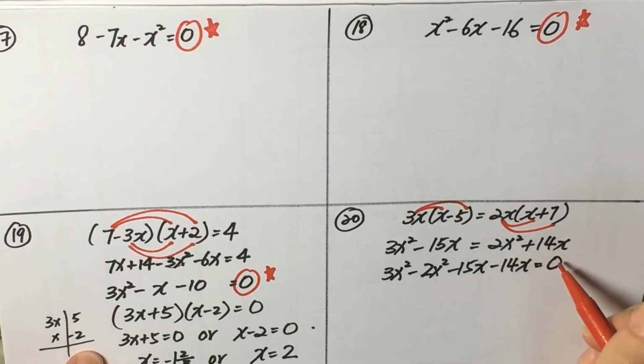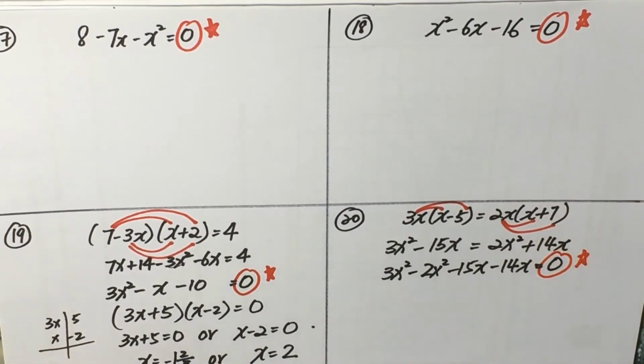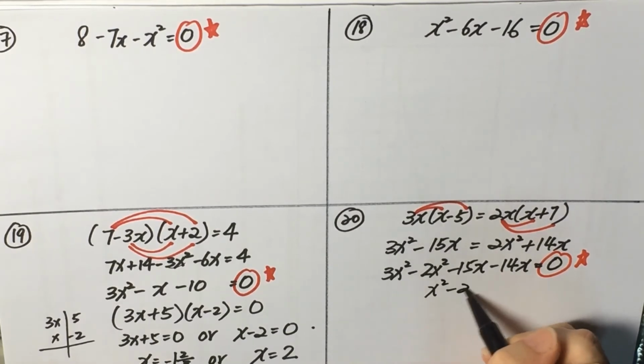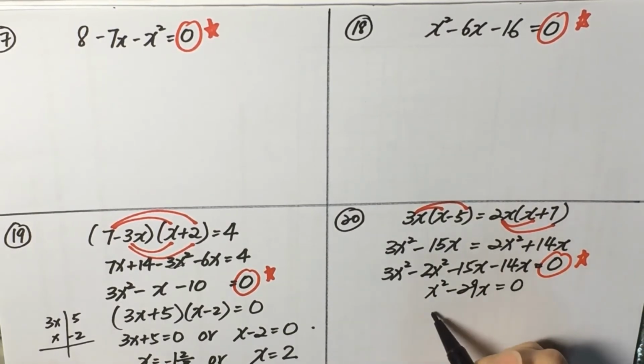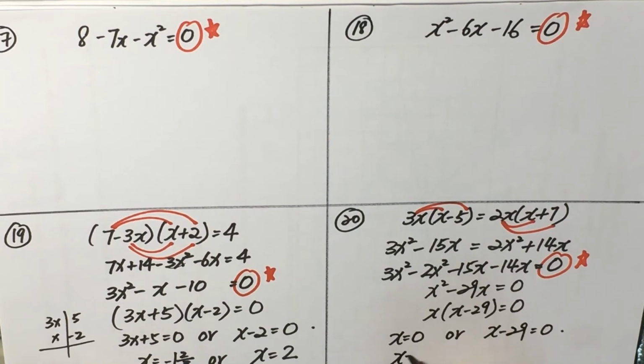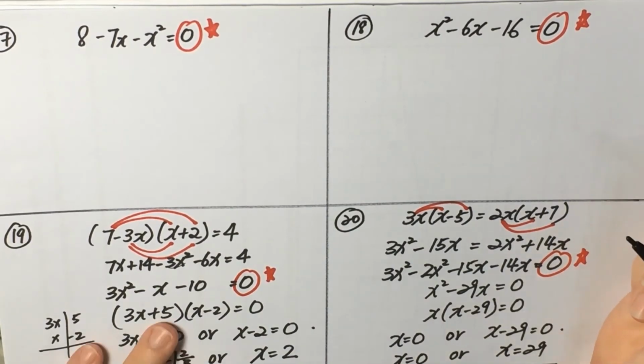See, I got one side equal to 0 already, so I can use the zero factor law now. So x squared minus 29x equals 0. The common factor is x, so I take the x out. So I have x times x minus 29 equals 0. So by the zero factor law, when the product of these two equals 0, that means one of them must equal 0. So x equals 0 or x equals 29. So this is the answer for question 20.